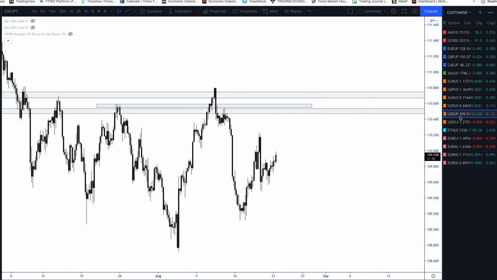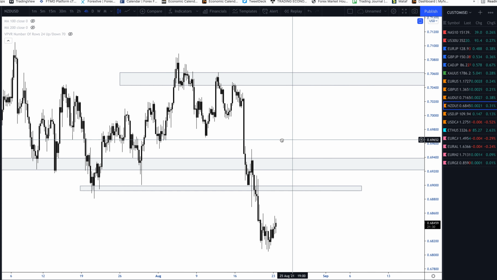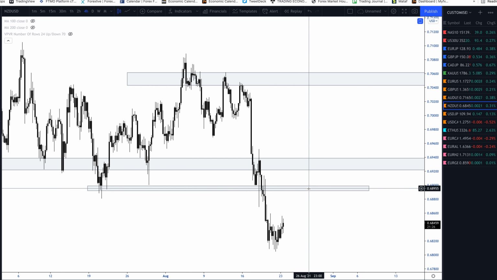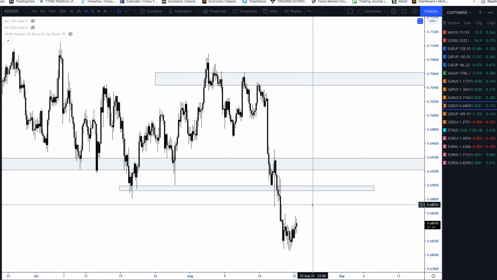USD JPY, we could see price move up here, and I would be looking at a short position from this area. New Zealand dollar, we're waiting for a retest off this level to enter a short position.